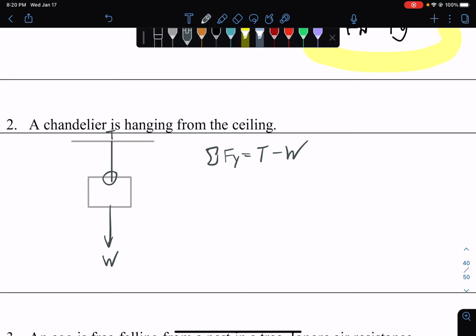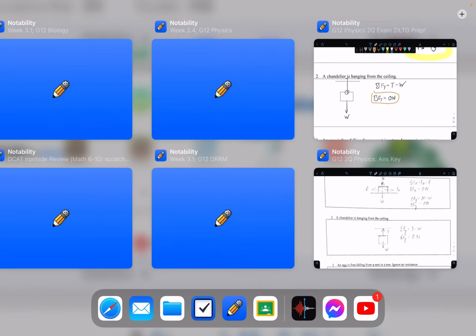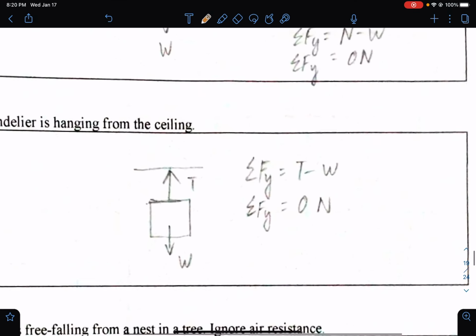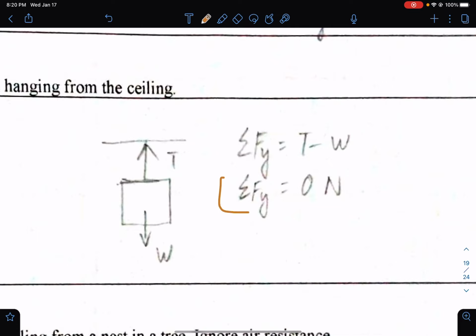So I believe it is going to be 0 newtons in the scenario where the object isn't moving. So it's just suspended from above, and it makes sense to say that the summation of Fy is just 0 newtons.